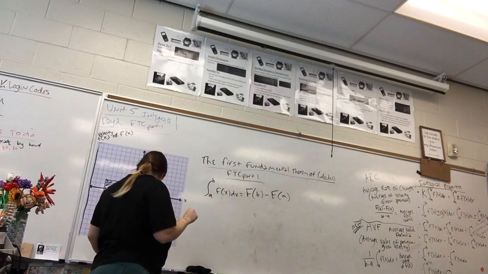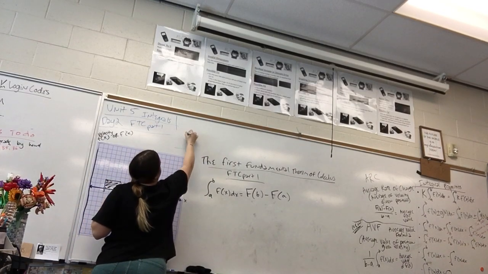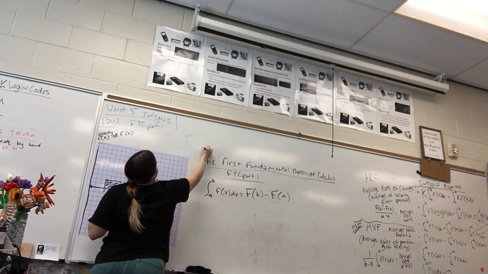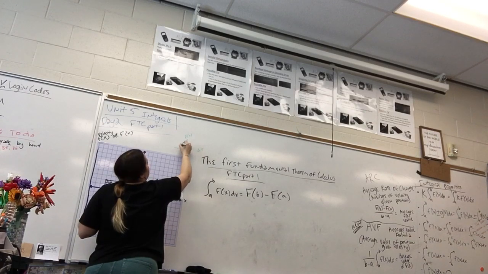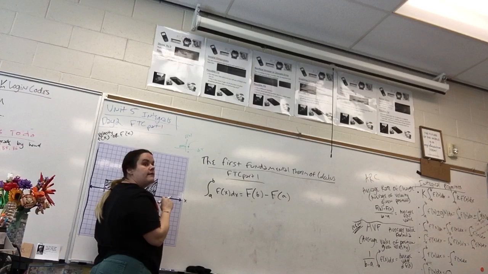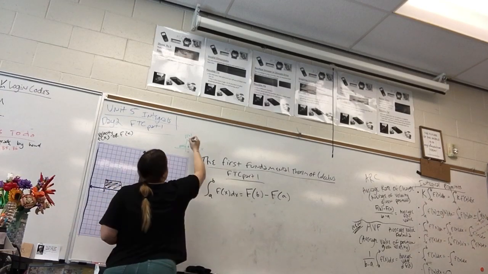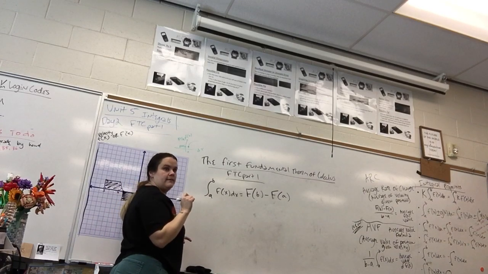F of B. I want you to imagine on a graph I've got some random function. This is A, this is B. F of A is my starting position, and F of B is my ending position.